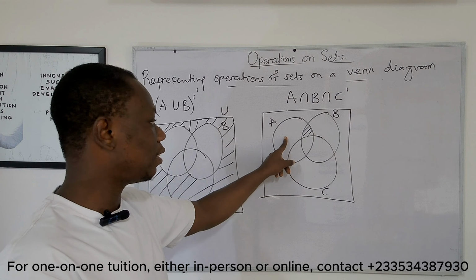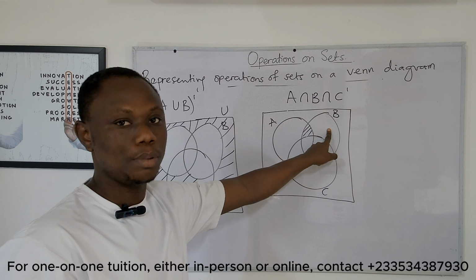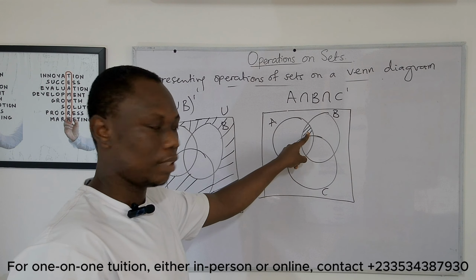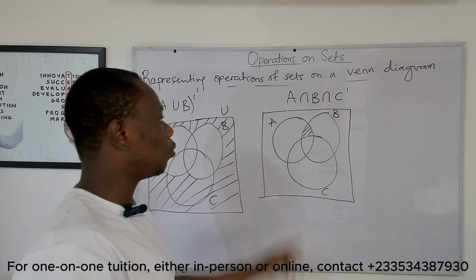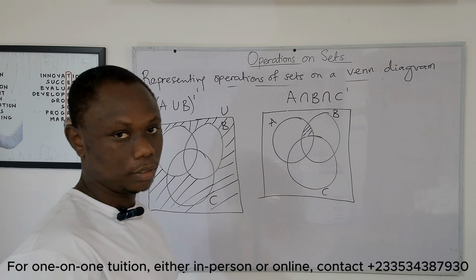If you're inside here, you are in C complement and A. If you are inside here, you are in C complement and B. But if you are inside here, you are in C complement, A, and also B. So A intersection B intersection C complement is this portion.